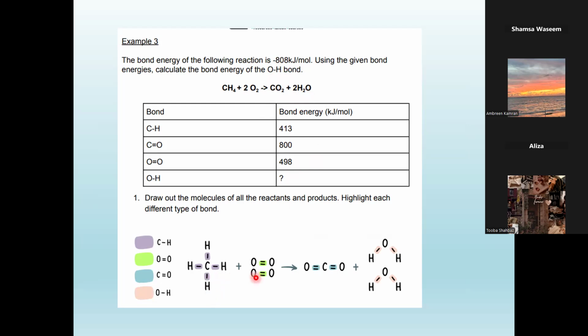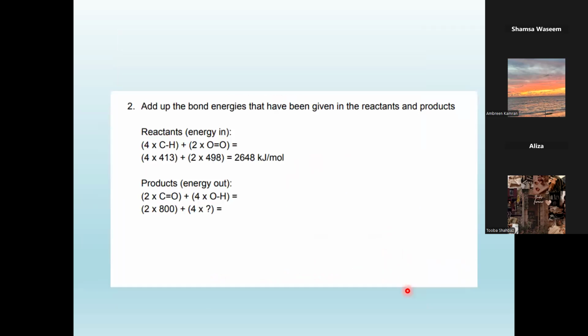This is methane and oxygen. There are going to be 2 oxygen double bonds. There is carbon dioxide, and there are 2 molecules of water. Or, another way, there are 1, 2, 3, 4 O-H bonds. Do you agree? Yes. All right. Now let's see.